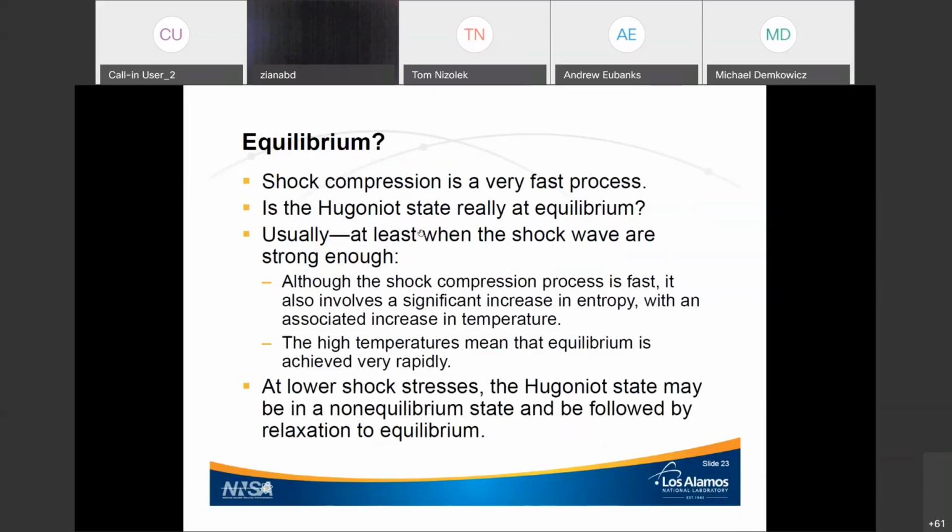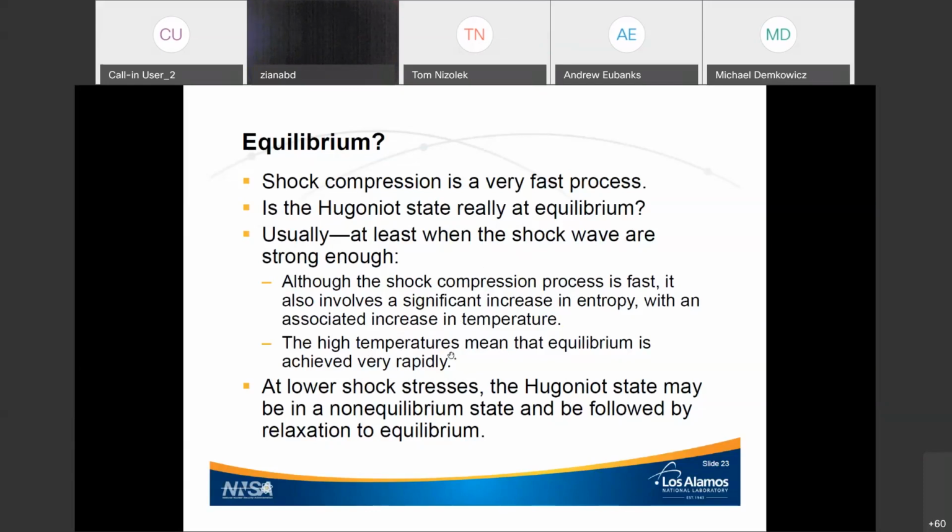Usually, the shockwave can be thought of as in thermodynamic equilibrium in a single material. So, aluminum, iron, magnesium. The shock compression process is fast. It involves significant entropy, significant temperature. Equilibrium is achieved very rapidly. At lower shock stresses, the Hugoniot state may not be in equilibrium.